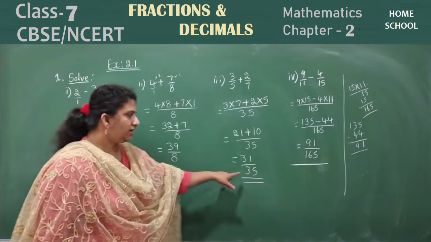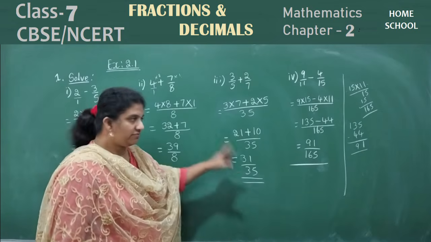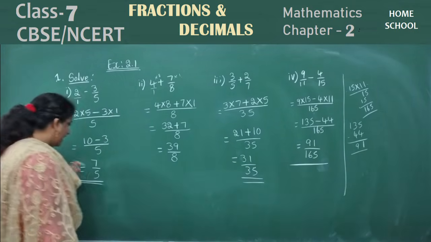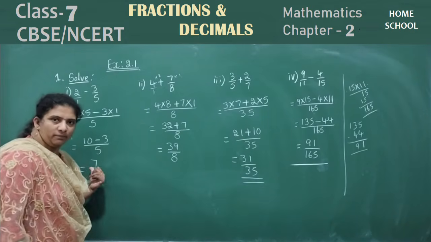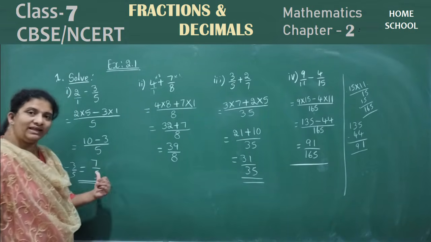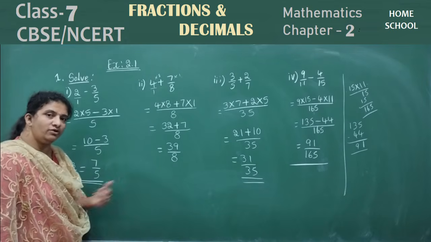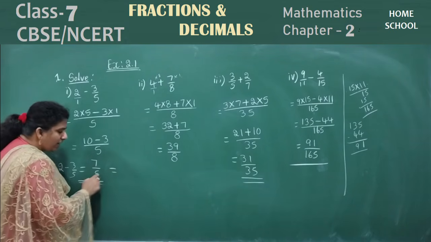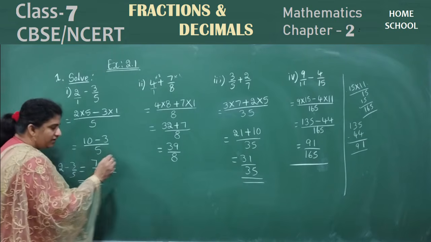So look here, children. See, this is a proper fraction. This is a proper fraction. Whereas these two are improper, right? If you want, you can convert this improper fraction into a mixed fraction. How can we convert? Do you know this? 5 1s are 5, right?